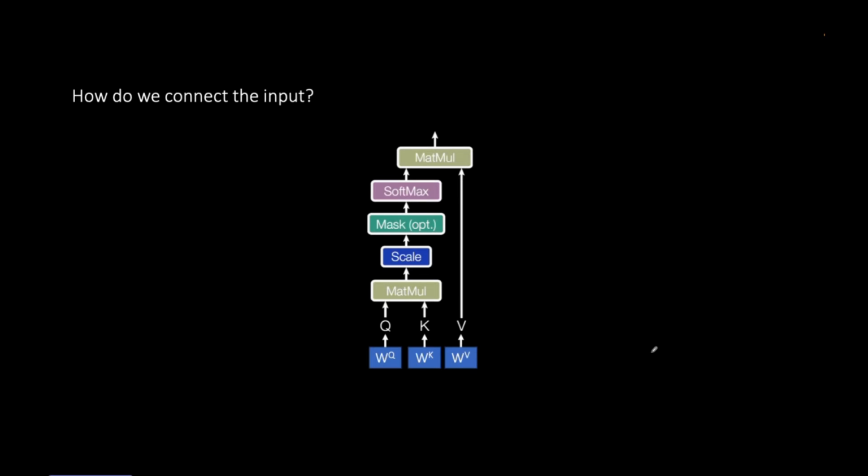Because we have one input, but we have three matrices. The way people use this is that the input flows to these three matrices and creates the Q, K, and V matrices respectively, and then it flows all the way to the output.